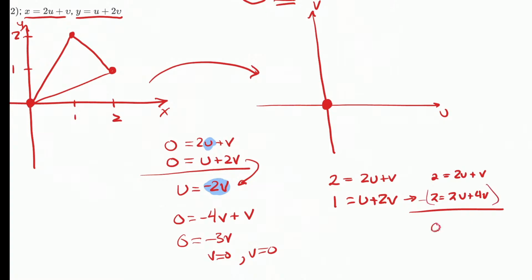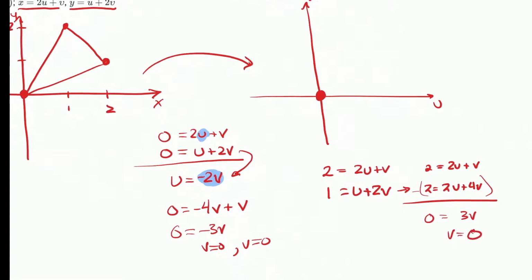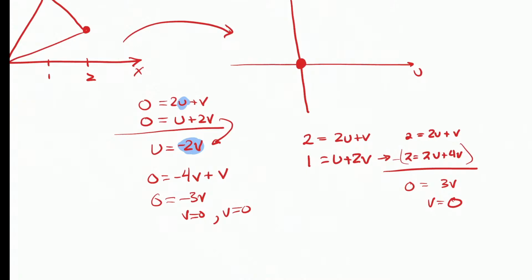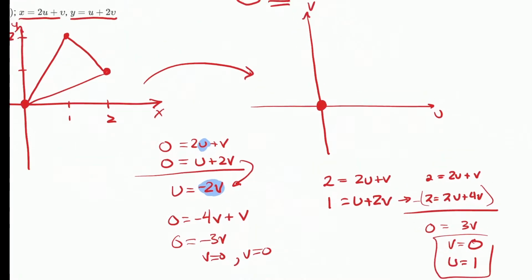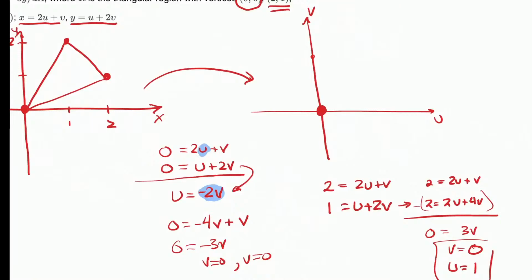And I get 0 is equal to 3v. So v equals 0, sorry. V is equal to 0. And then plug this back into one of the original equations, and you get u is equal to 1. So v equals 0, u equals 1 is the second point.